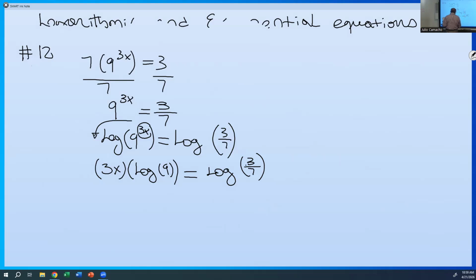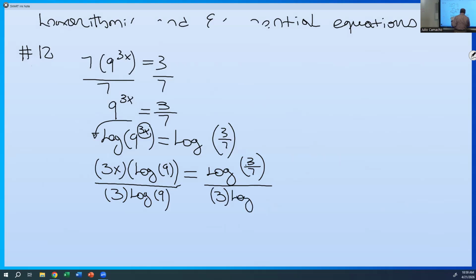And then I will divide both sides by the log of 9 to isolate. I will divide everything by 3 times the log of 9 to isolate my x.